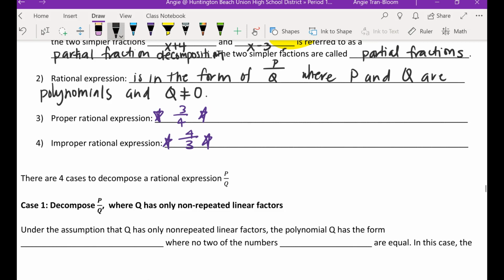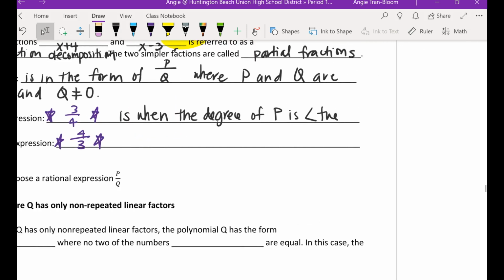So in Algebra 2, a proper rational expression is when the degree of P, which is the numerator, is less than the degree of Q, which is the denominator.